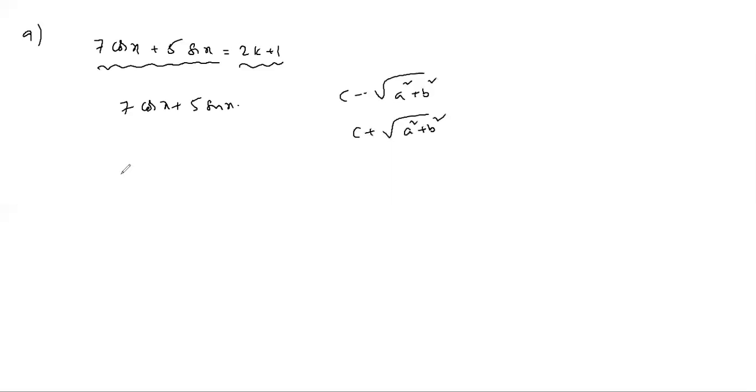So what is the maximum value? C value is 0 here. Minimum is minus root of 7 square, 49, plus 5 square, 25, that is minus root 74. So 2k plus 1 should lie between minus root 74 and plus root 74. Now what is the approximate value of root 74?